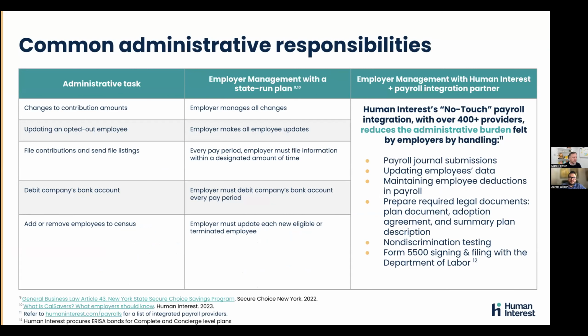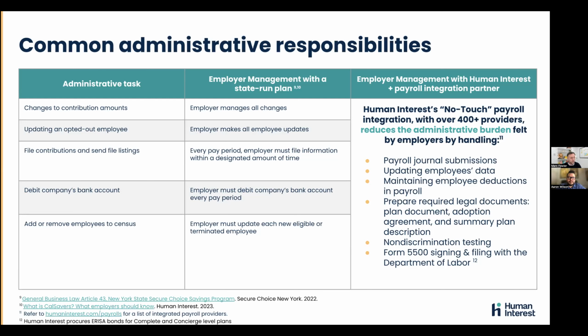So you've got your tasks on the left there. Anytime somebody changes, say, I'd like to up my contribution percentage from 5 to 6, the company has to inform the plan that that's happening. Anytime somebody says, you know what, this plan isn't for me, I want out, the company has to take care of that.